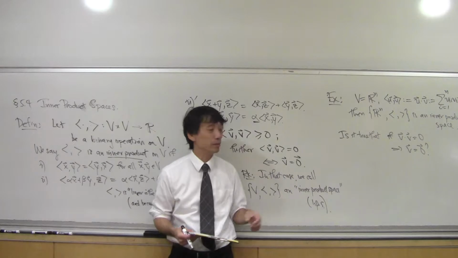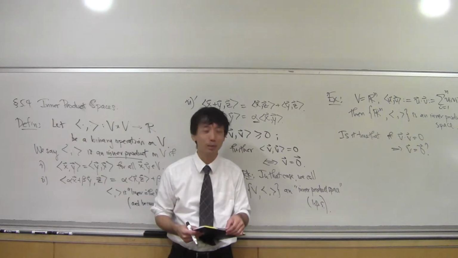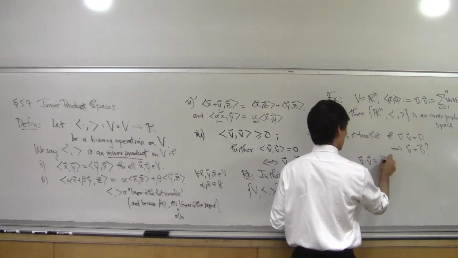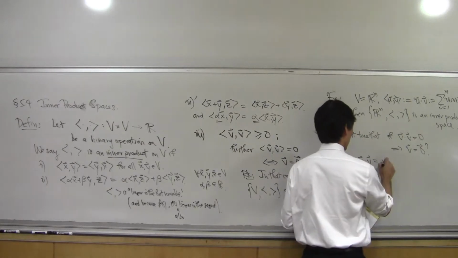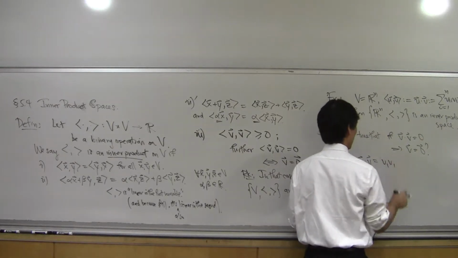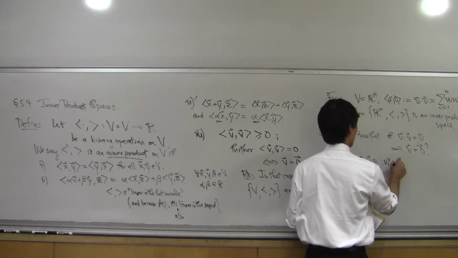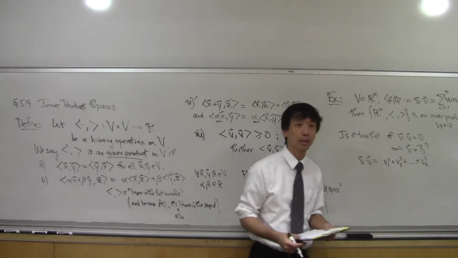Does that tell you that v is a 0 vector? Yes, because v dot v is going to be v1 squared plus v2 squared plus, etc., plus vn squared, right?